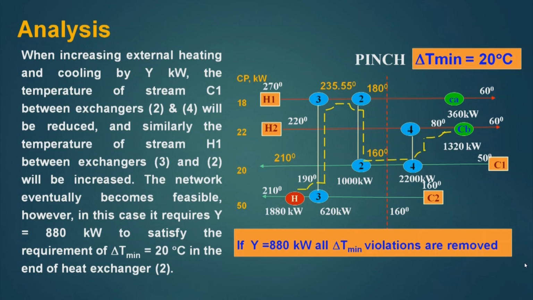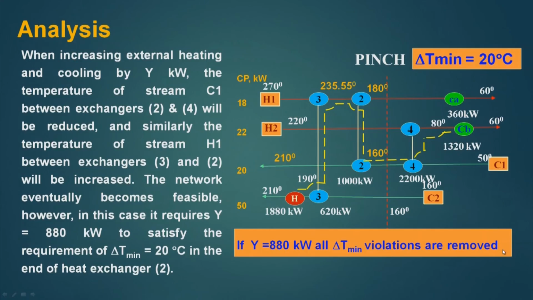So, my utility cost has increased twice, that means 2 into 880 kilowatt of utility cost has increased, and we have to also increase the size of these heat exchangers to pass those utilities. Now, what I gained is that I was able to remove one heat exchanger of 880 kilowatt. So, let us see what we have gained and what we have lost.